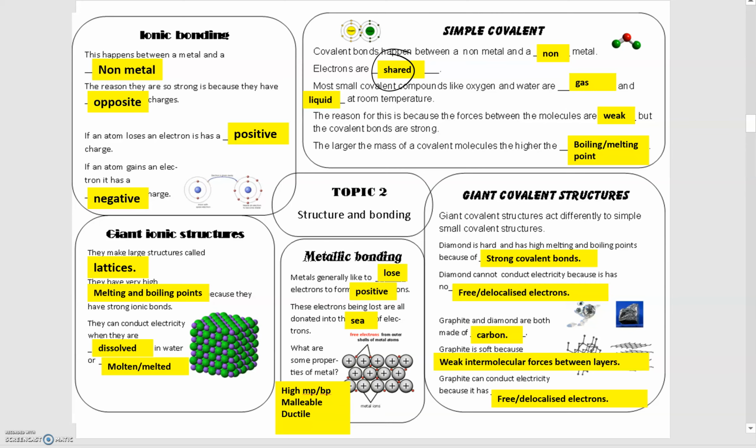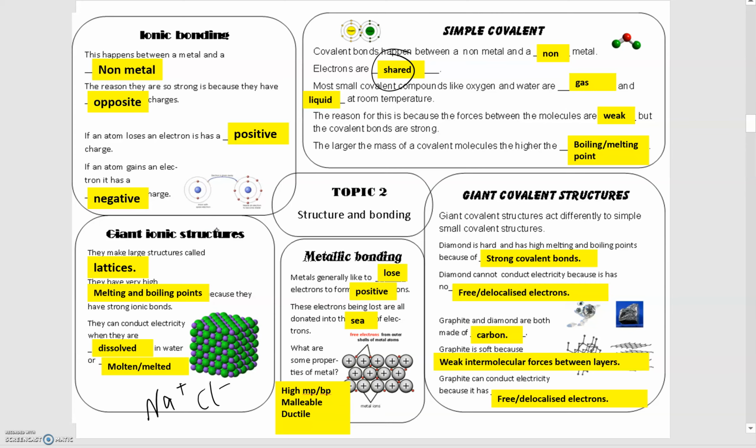So in terms of giant ionic structures, we're looking at this structure here of salt, NaCl. If you imagine Na is the green spherical ball, and Cl is the purple ball here, Na has a positive charge, chlorine has a negative charge, and they're nicely arranged in a lattice structure.